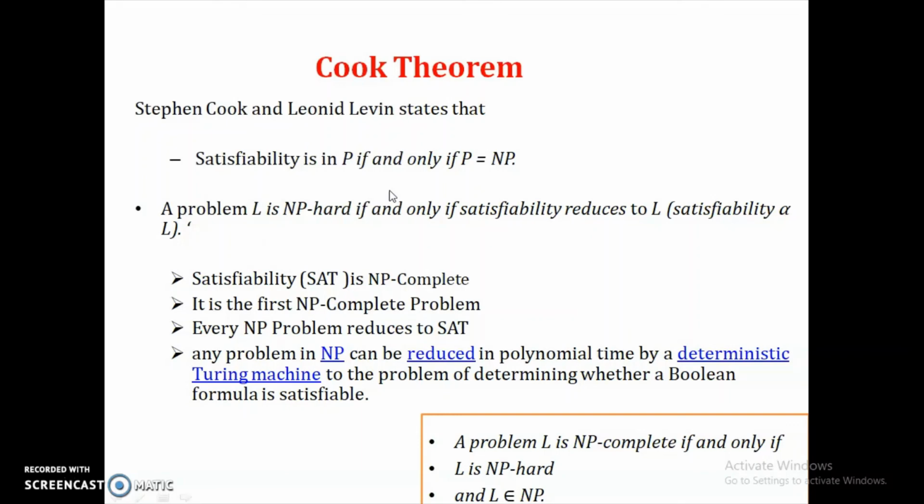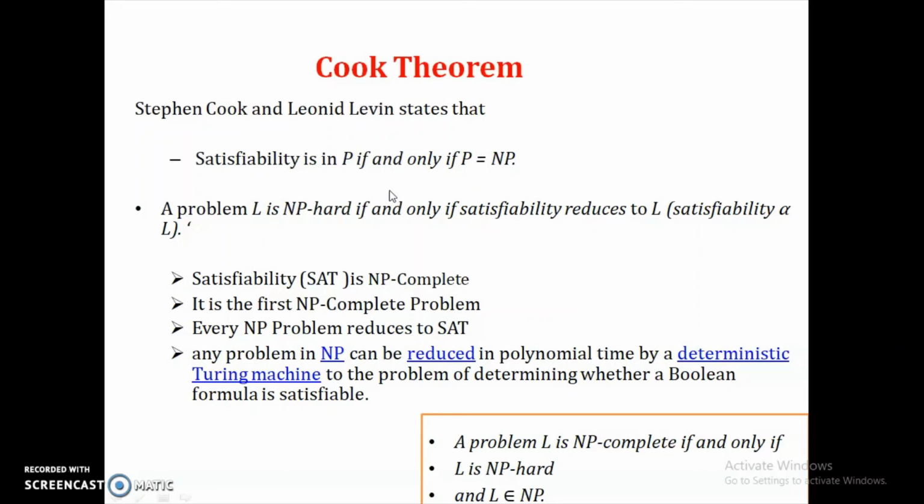But there is a chance to have a non-deterministic algorithm which can solve the satisfiability problem in non-deterministic polynomial time, and then it will come under the category of NP type. So satisfiability can be in P type only if you make all P type equivalent to NP problems.